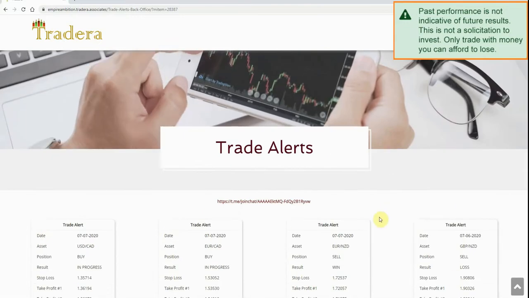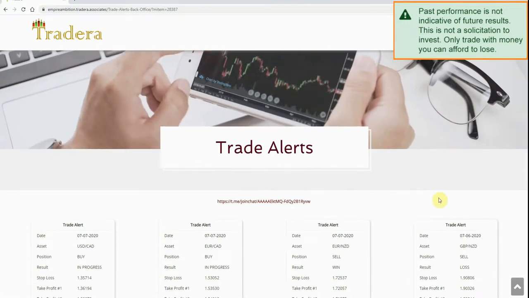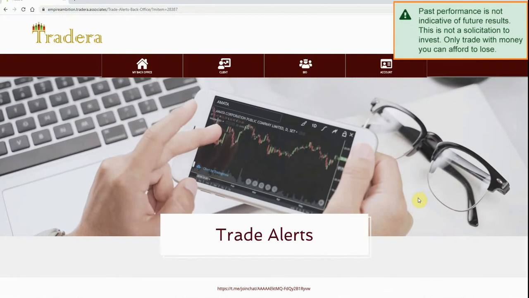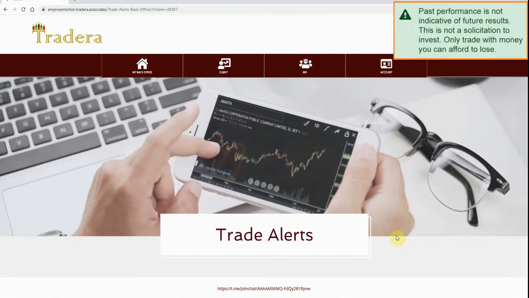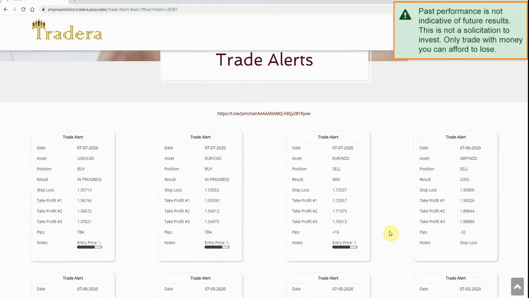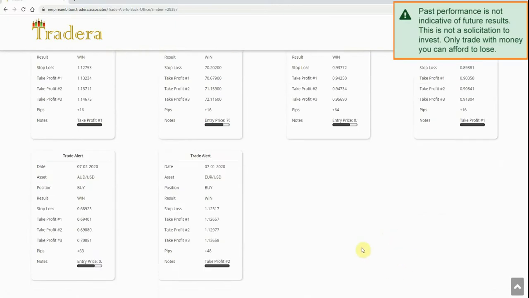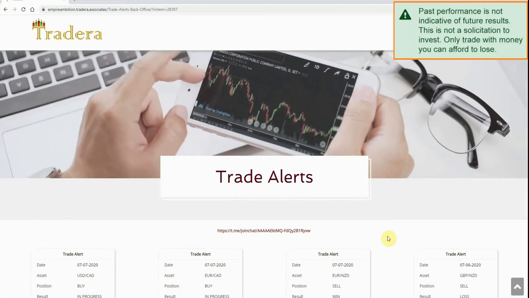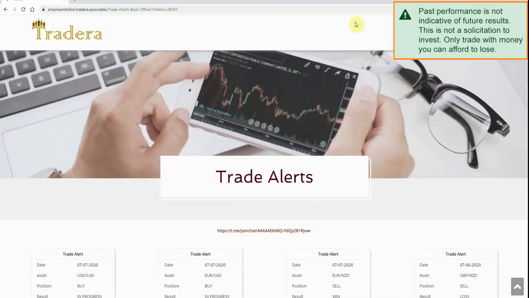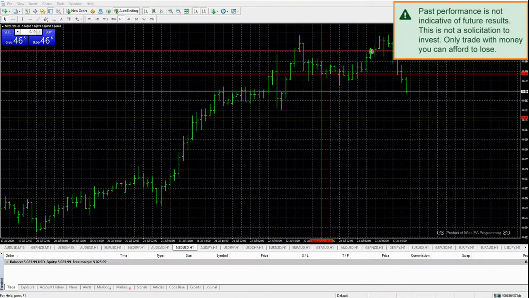They have changed some things around, so hopefully they will get this updated. I know it's still early on in the new back office. Hopefully they'll get this updated, but we can definitely see some of the trades they have open. I really do like the way the old back office was set up, so hopefully this new back office will kind of catch up to that, and we'll just keep watching it and see what happens with it.